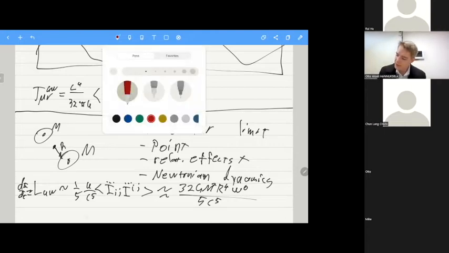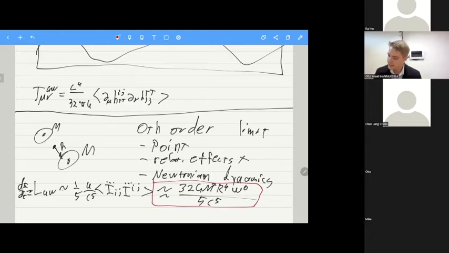So if I read off this formula here, you can see that there is more emission for larger masses, which makes sense. When the orbital rate, angular momentum is large, then you also get larger emission.